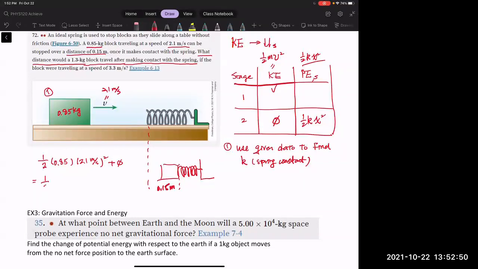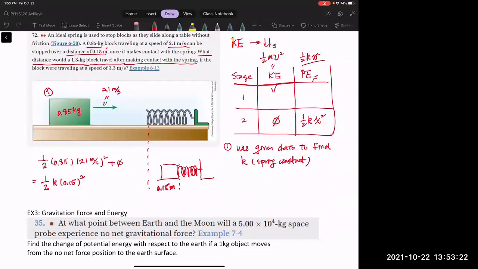The final energy is 1/2 times K times x squared, where x is, they told you, 0.15, so 0.15 squared. That's for the first stage.